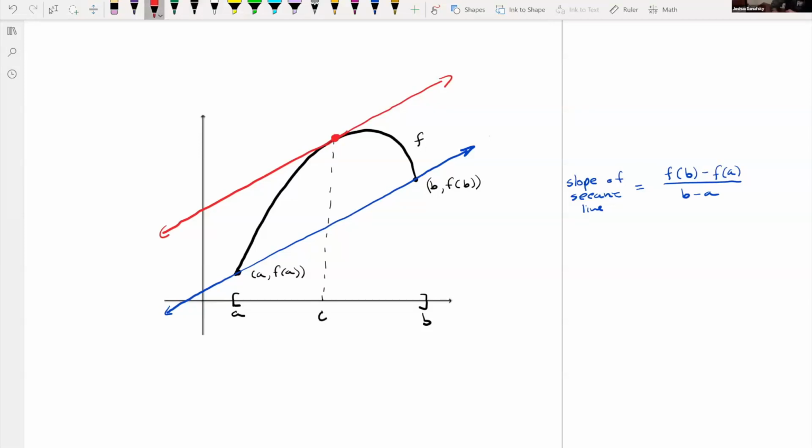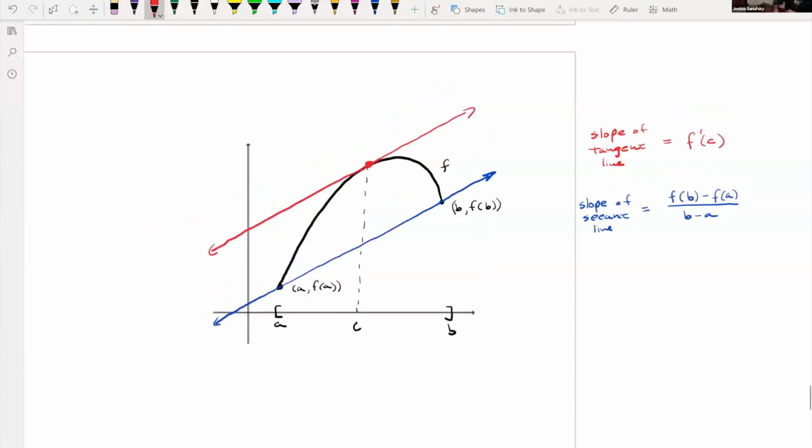Now, slope of the tangent line, how do I write that? How do we get the slope of a tangent line? You guys know this. Derivative? Derivative. f prime at c, right? Totally good? All right, now watch.